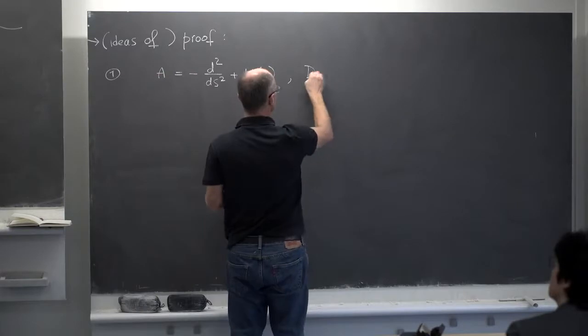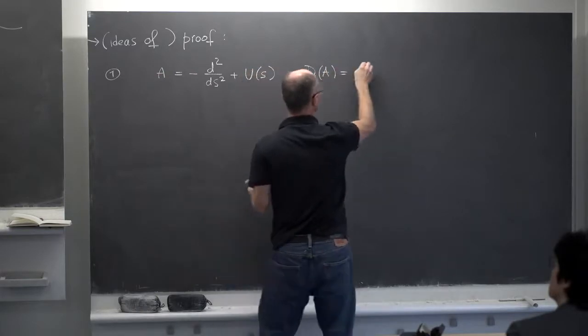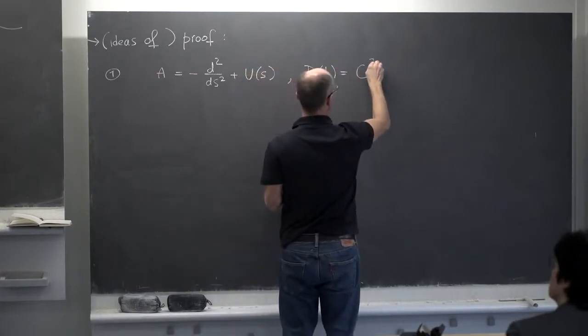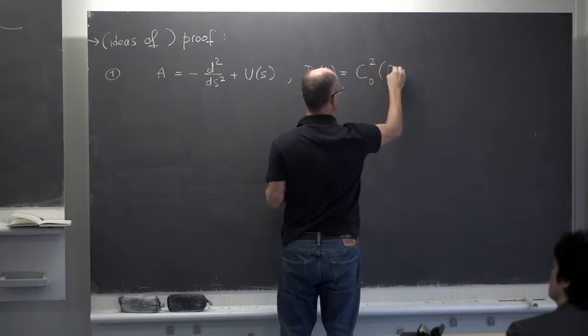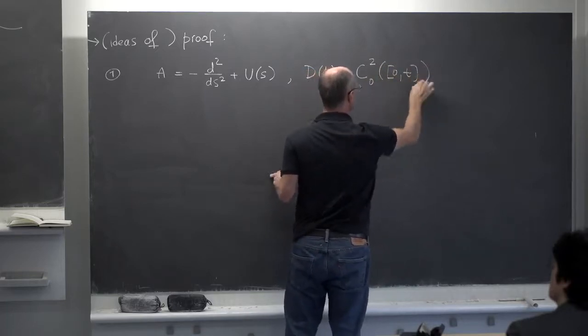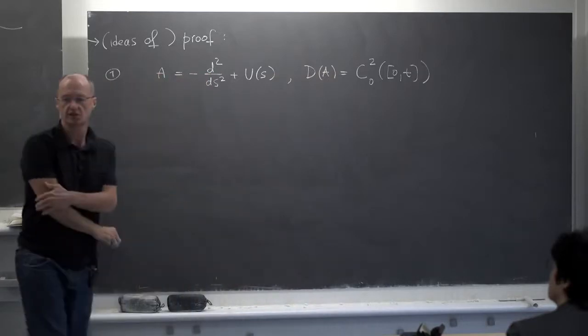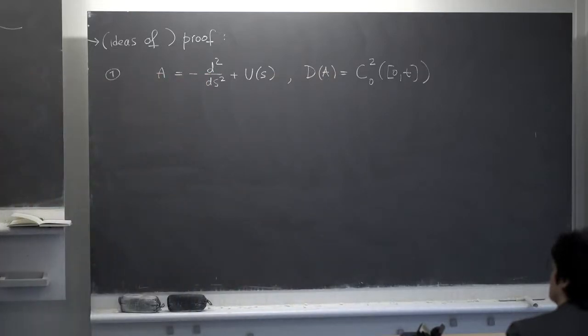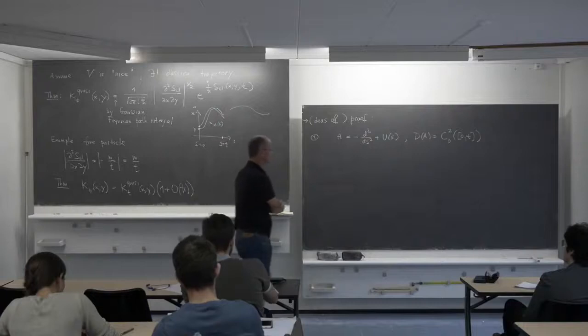It acts on the domain that we now like. So we have a segment from 0 to t, C2 functions with Dirichlet boundary conditions.